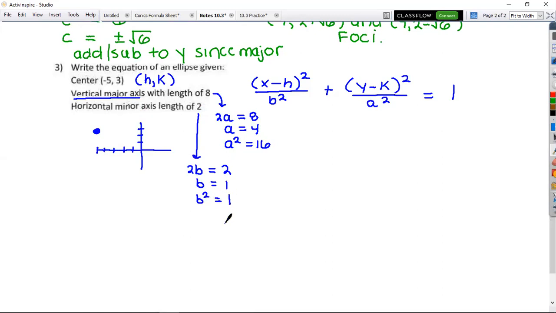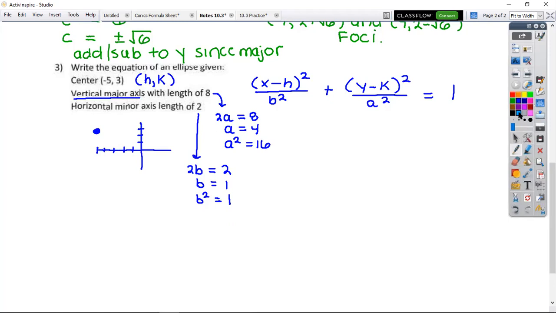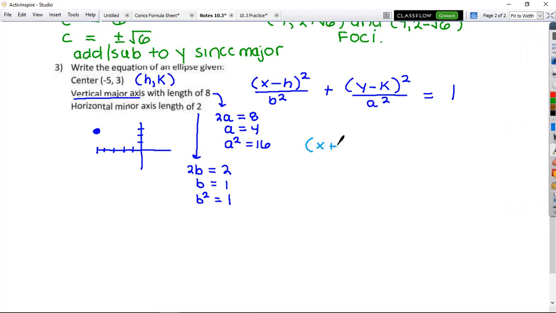All right, so here's my answer. I just take all those values, slide them in. So I am going to go X minus H. So I'm going to go X plus 5 squared divided by B squared, which was 1, plus Y minus 3 squared over 16 is equal to 1.